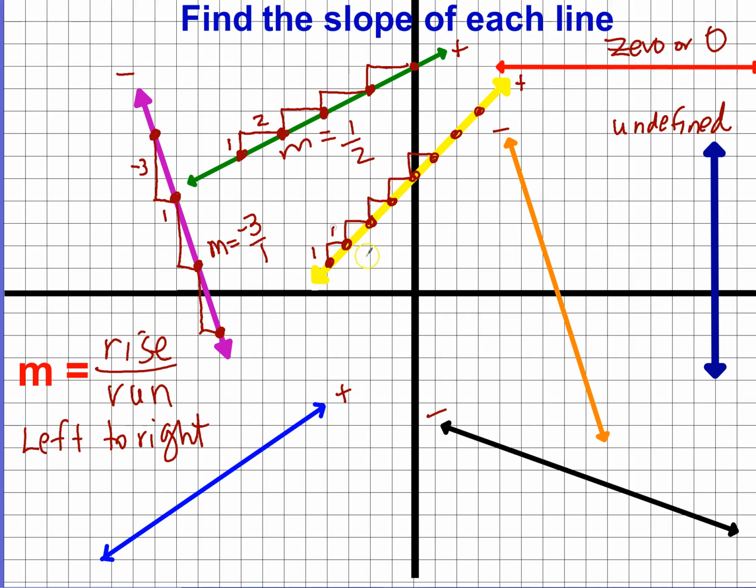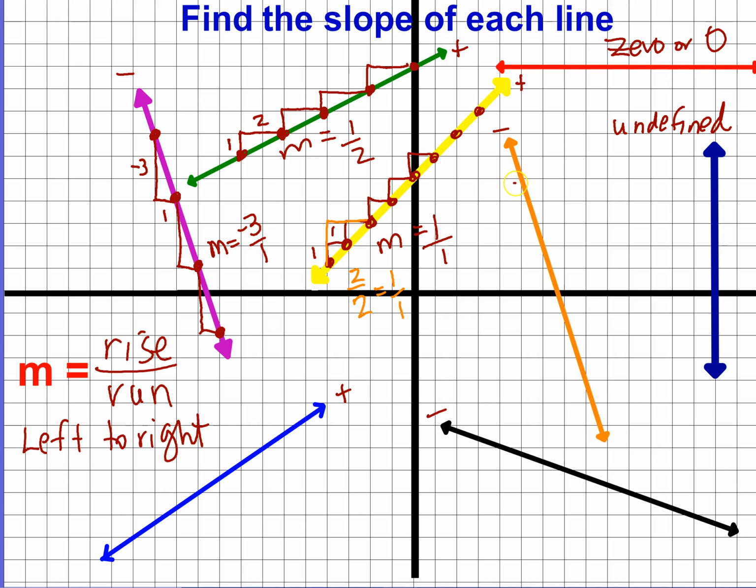So my slope is 1 over 1. Say, for instance, I skipped this and I went up 2 over 2. My slope would still be 2 over 2, which reduces to 1 over 1. So my slope would still be 1 over 1. Okay, always reduce your slopes.